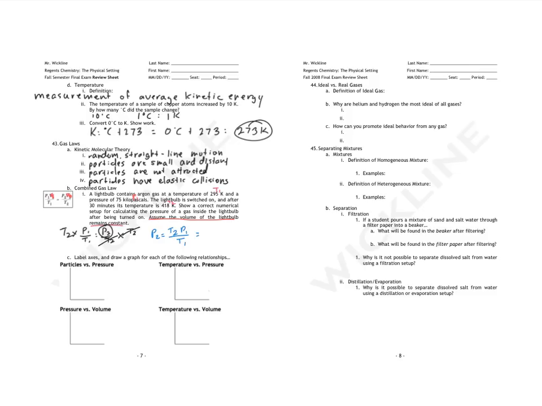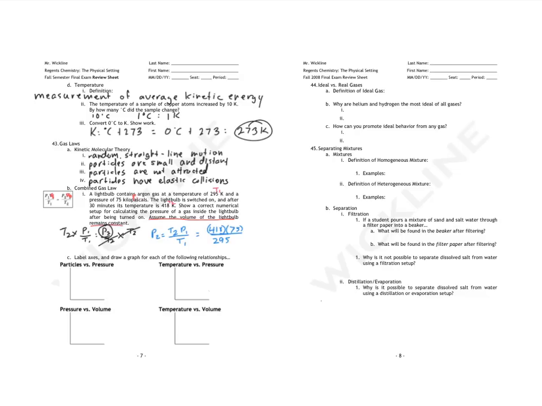My T1 was 295 Kelvin. Let's see, my T2 was 418 Kelvin. And my P1 was 75 kilopascals. So there's my correct numerical setup for calculating that second pressure.